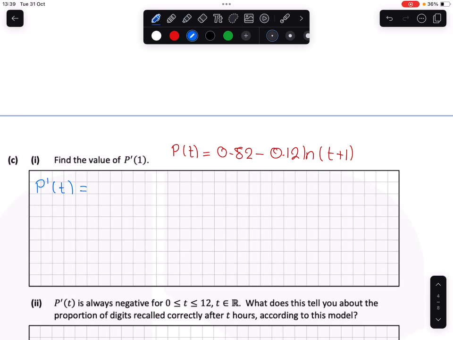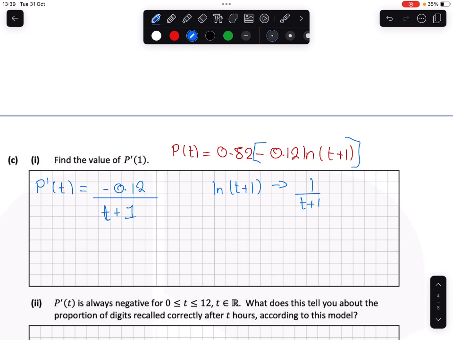Then we have minus 0.12 times the natural logarithm of t plus 1. The minus 0.12 stays there. And then the natural log of t plus 1 just goes to 1 over t plus 1.